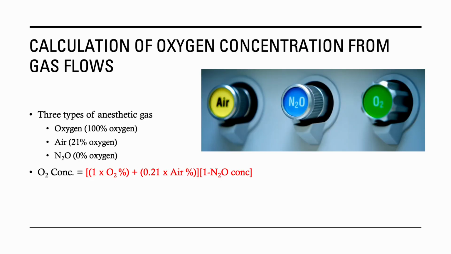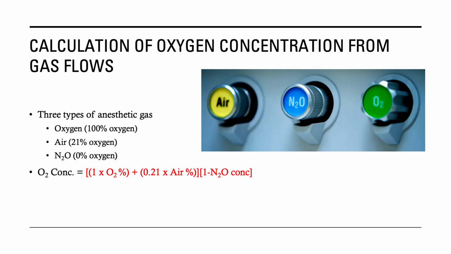Our next keyword is calculation of oxygen concentration from gas flows. This is a simple math question, but it is easily misdone if you forget that air actually contains 21% oxygen. I imagine that if you missed this question, that's probably why you missed it.